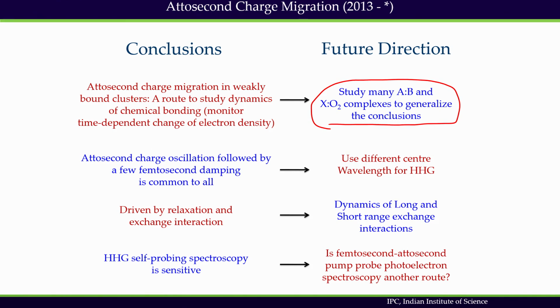Attosecond charge oscillation followed by a few femtosecond damping is common to all. We are always seeing that. Once I remove an electron from an equilibrium geometry, I always see an oscillation, and that oscillation will be damped because the equilibrium geometry is not the only structure which we see at room temperature. If we consider room temperature, we can have this structure, this structure, this structure.